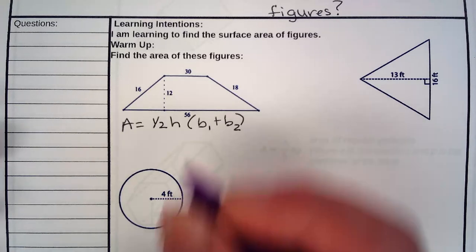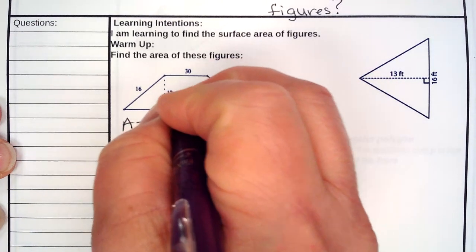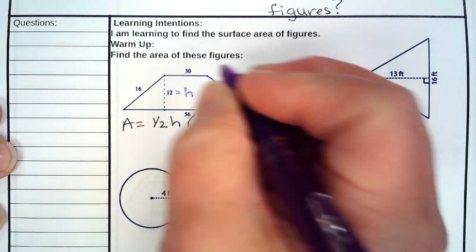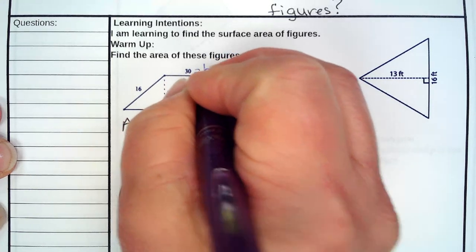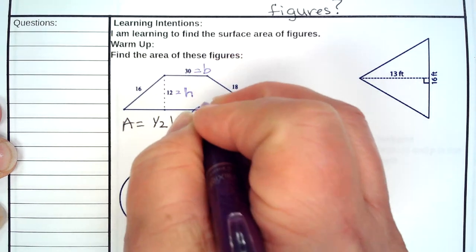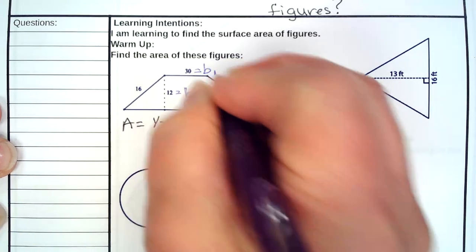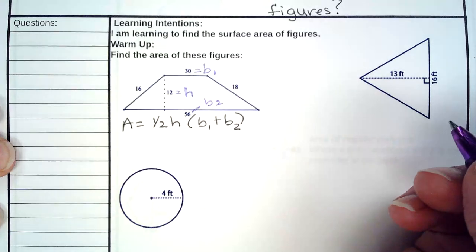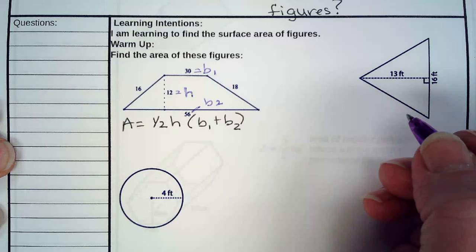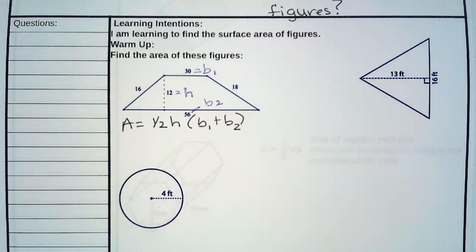So if we're looking, this is our height. This is our base, and this is our other base. Which one's 1, which one's 2, it doesn't matter. You can flip it all the way around, and then they would be oriented differently.